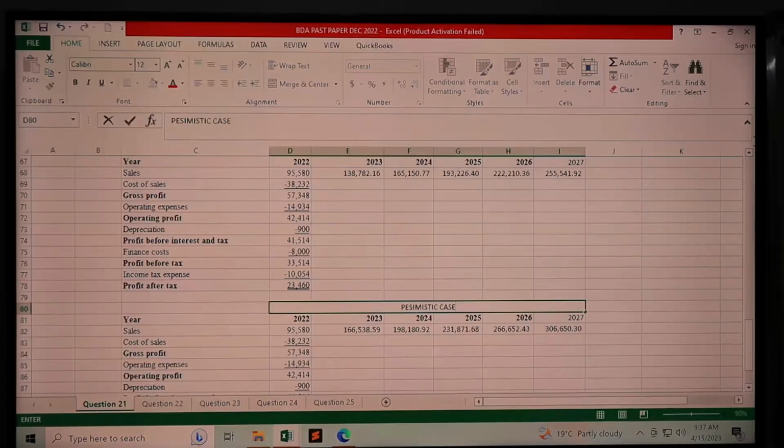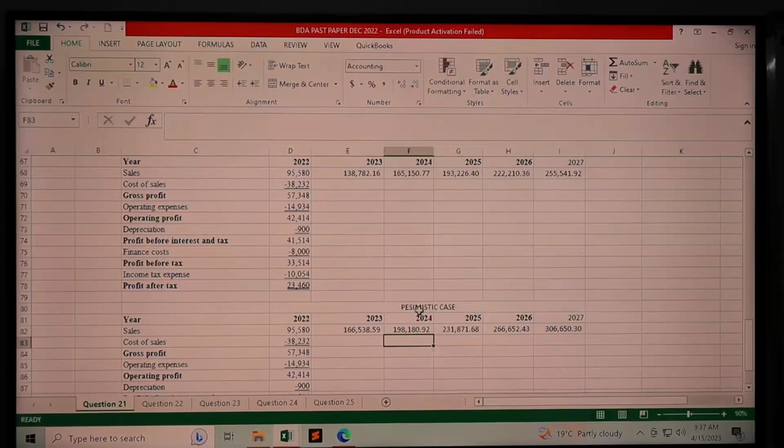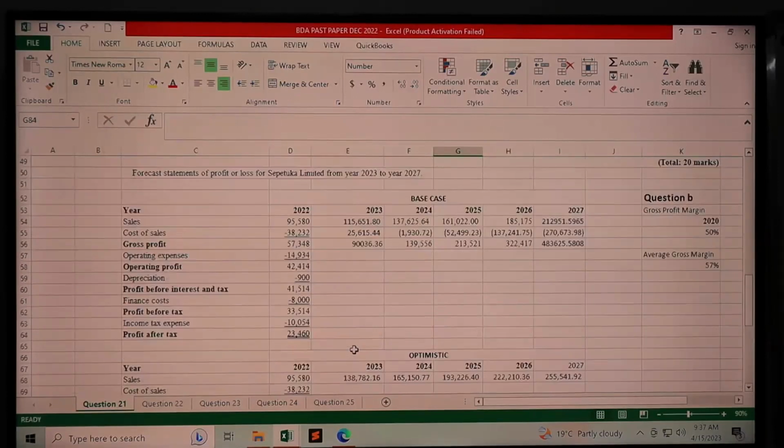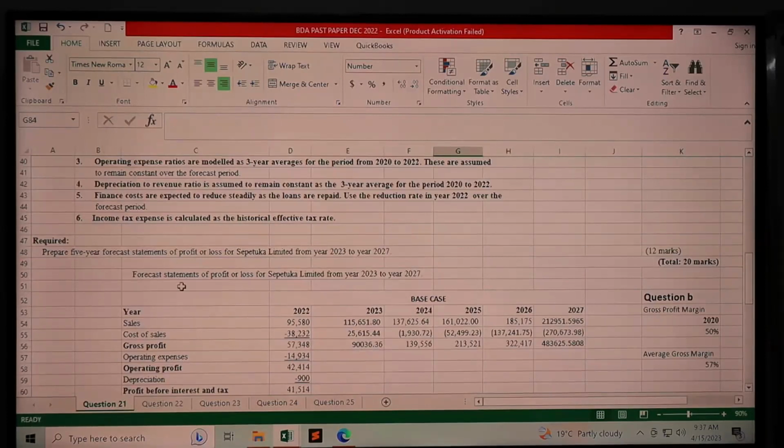So we have those 3 cases. That is the cases you are supposed to focus on. And by doing that, you'll be able to forecast, because whatever you are told here is to prepare a 5 years financial forecast statement for this particular company from the year 2023.